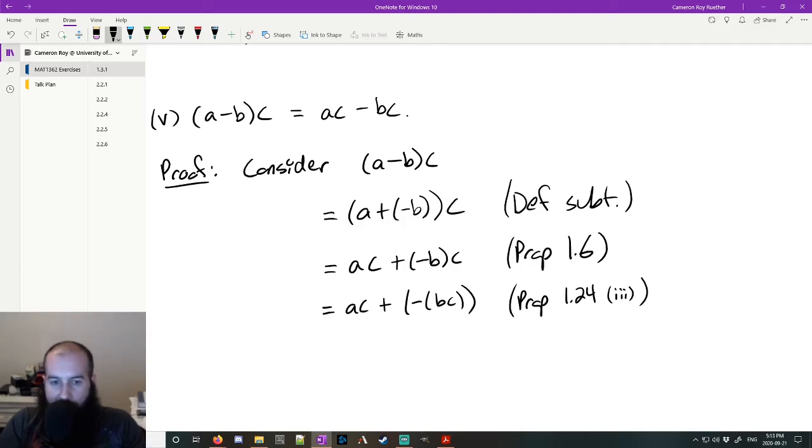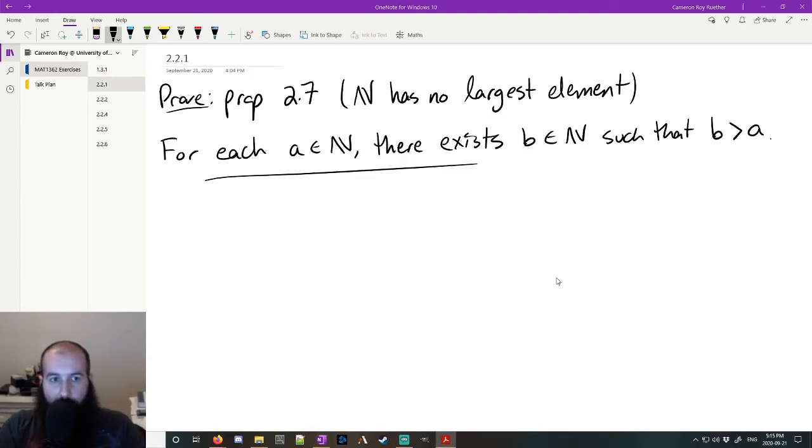Now we simply have an addition of an additive inverse, which we can write as a subtraction with the definition of subtraction. Completing the proof.